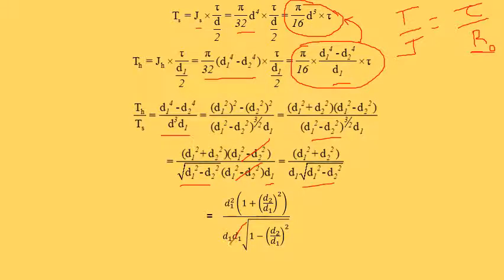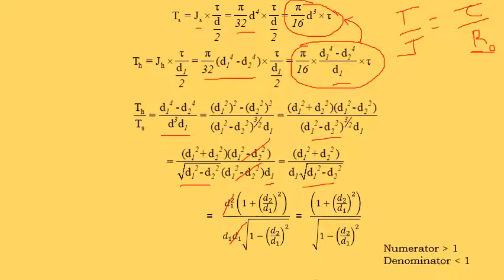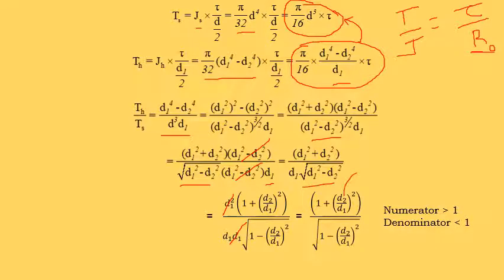So this d1² and d1² get cancelled, and this is the remaining term. In the numerator we have 1 plus (d2 by d1) whole square, and in the denominator we have the square root of 1 minus (d2 divided by d1) whole square. So it shows that the numerator is greater than 1, whereas the denominator is less than 1.